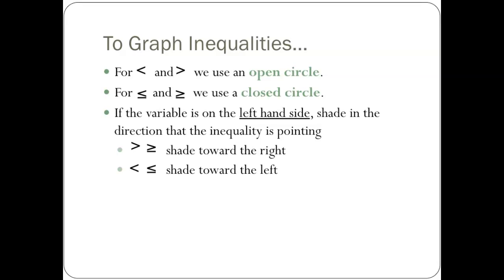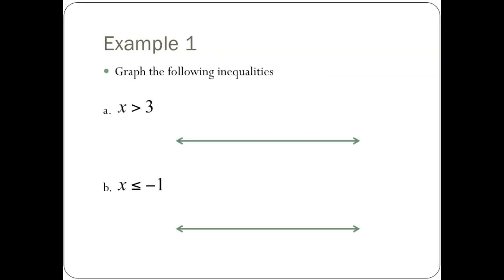So take a look at example 1. We're just going to graph these. So x is greater than 3. I'm going to start off with this number line and start by labeling 3 and maybe two other values, so 2 and 4 on either side. Now because this is simply greater than and not greater than or equal to, we know we're going to use an open circle.